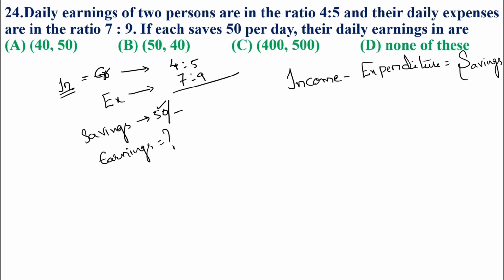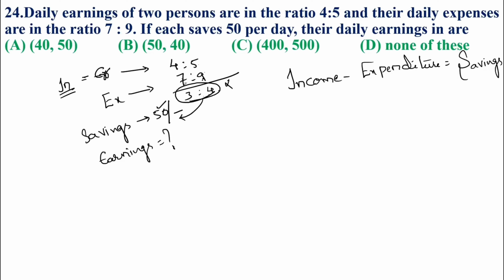So first check 4 minus 7 or 7 minus 4. What are you getting? 3. 9 minus 5, what are you getting? 4. So are 3 and 4 equal? No. So you have to equate, so that if it is equal, then we can equate to 50 rupees. In order to equate, what I have to do is take the difference of the second ratio.